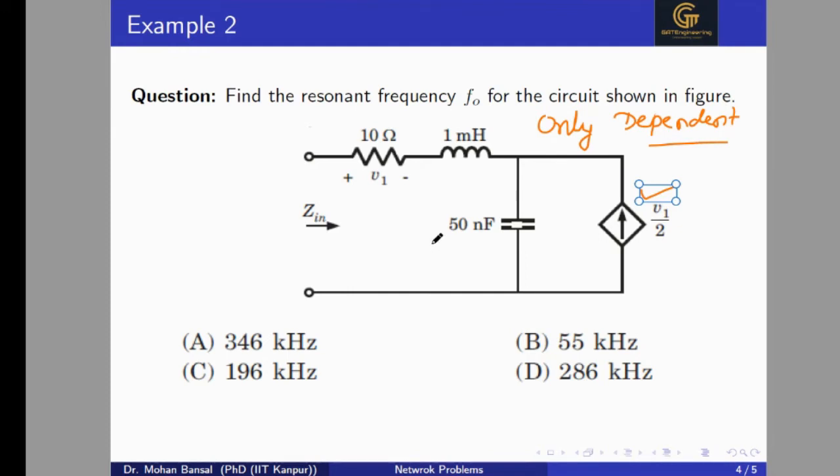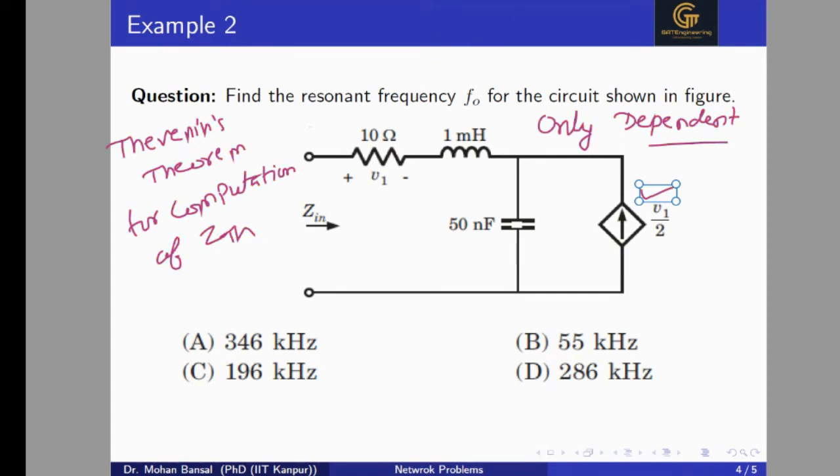So here you need to recall Thevenin's theorem for computation of ZTH.